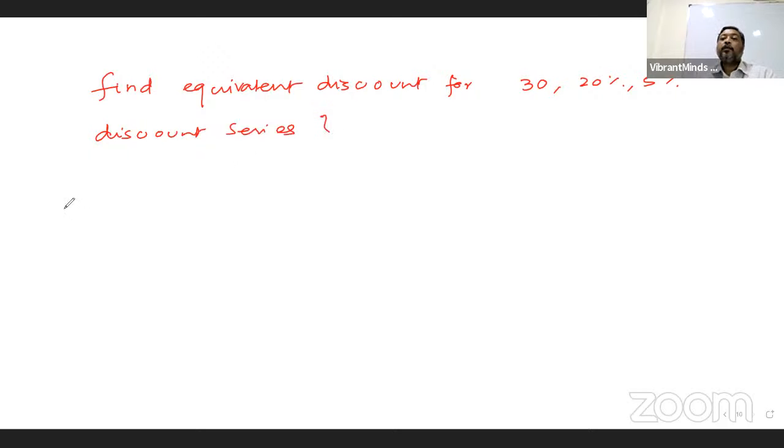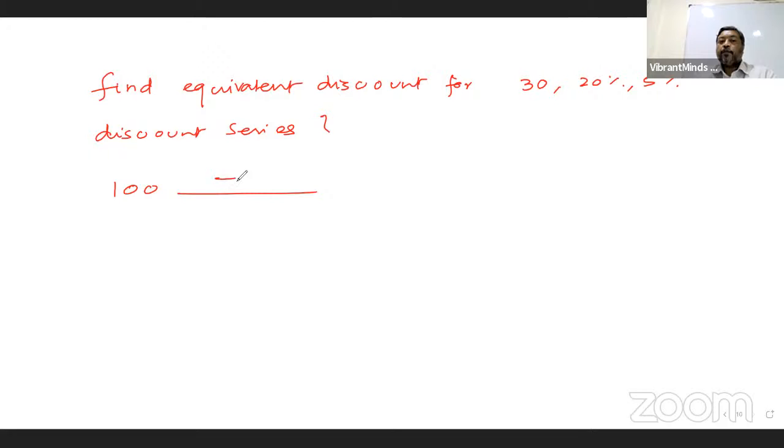The simplest question will be, find equivalent discount for 30%, 20%, and 5% discount series. Now, how to find out? Again, simple. We will use the same method.